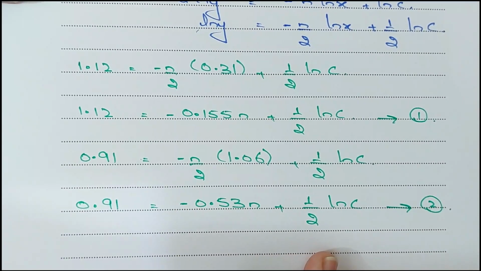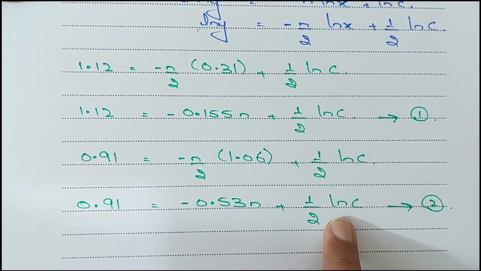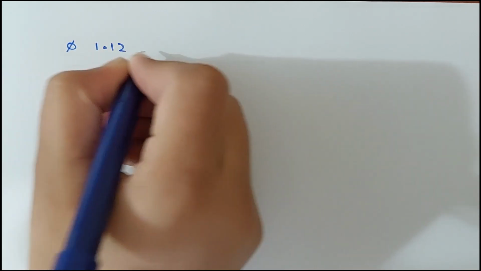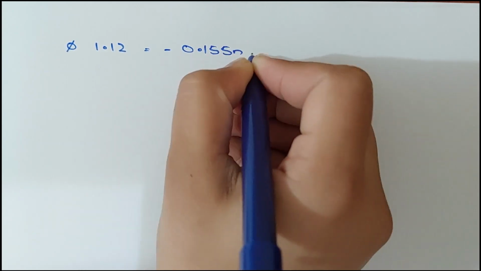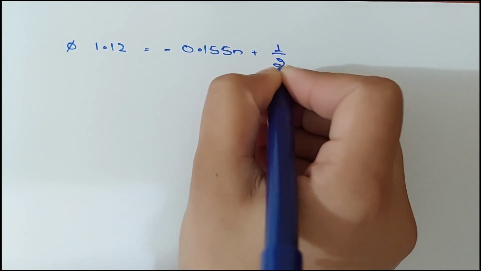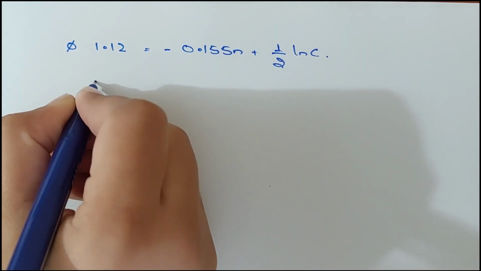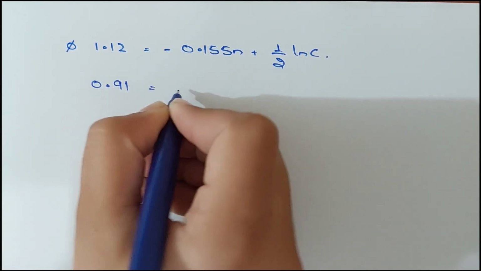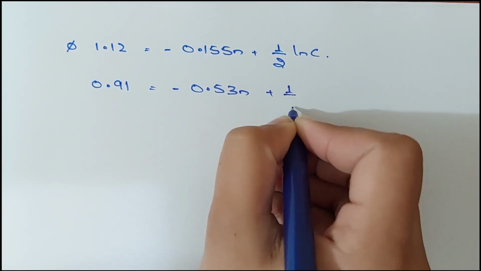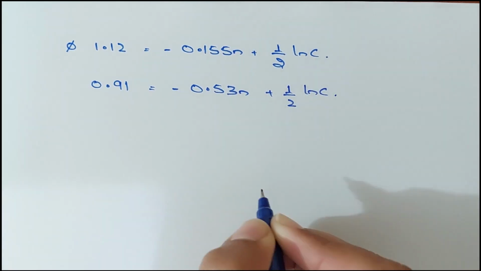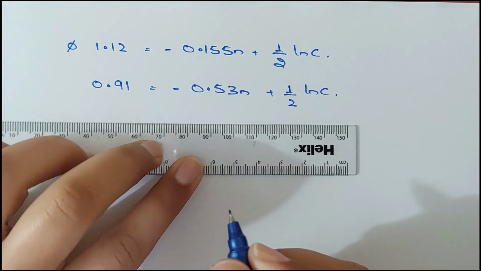Now let me subtract the two equations to get rid of the natural log of c and solve for n. The two equations are 1.12 equals minus 0.155n plus half natural log of c, and 0.91 equals minus 0.53n plus half natural log of c.